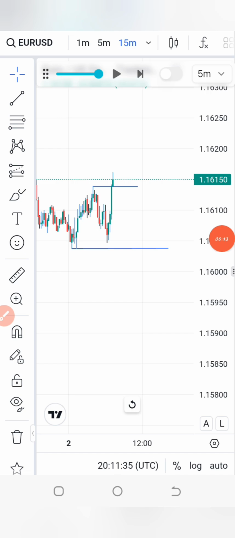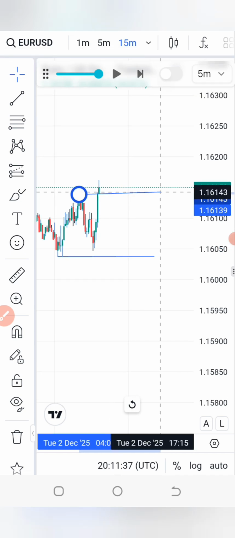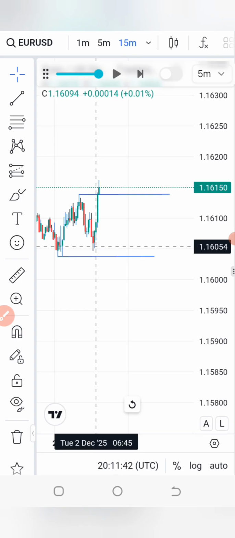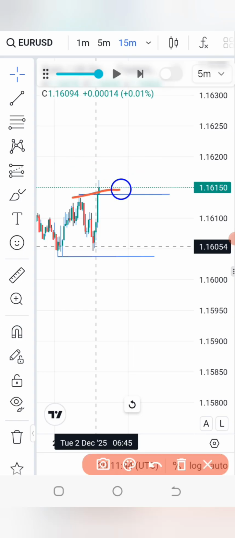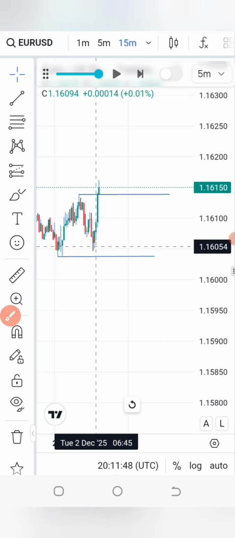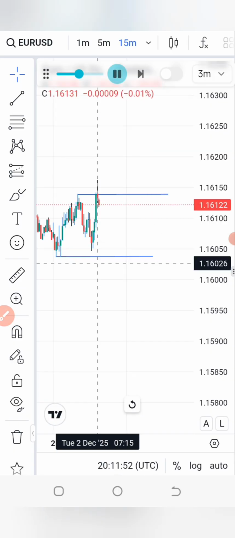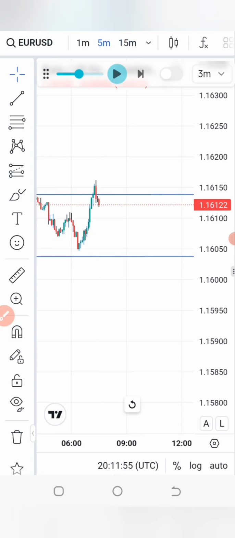Now this is another example. We've marked the high of the Asian session, which is right here, and the low of the Asian session, which is right here. Let's wait for London to sweep the highs and see what happens. All right, it swept. Let's go to the 5 minute time frame.